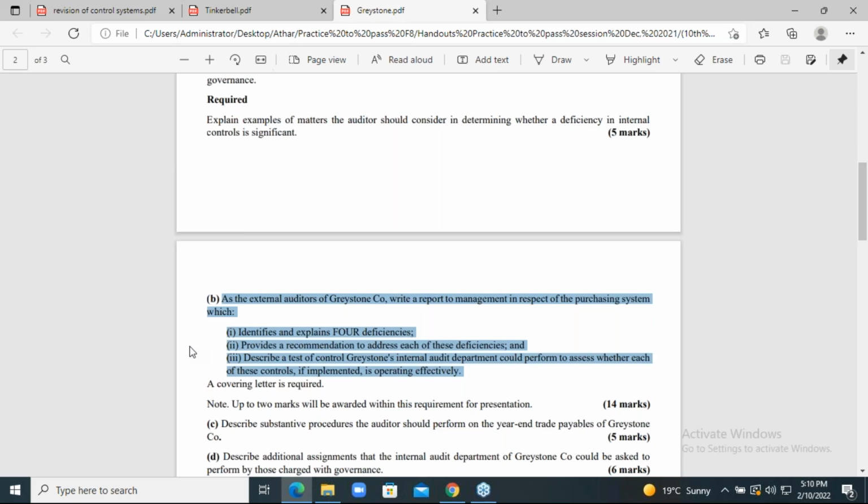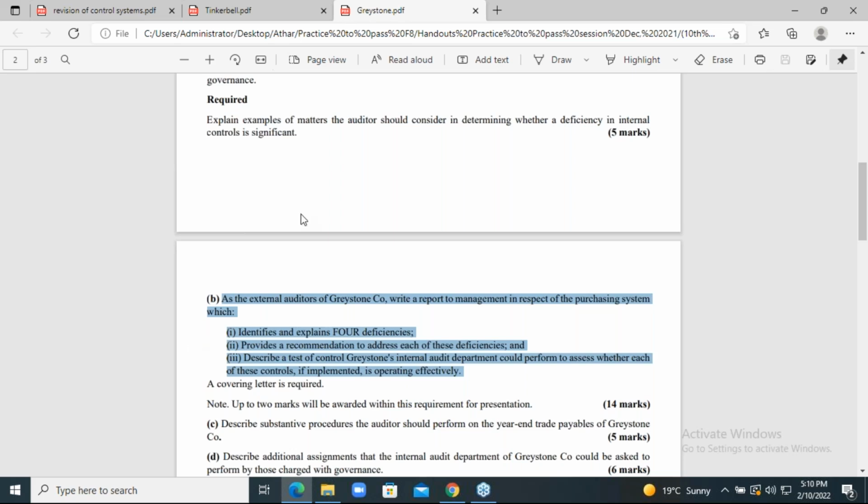There are basically 3 sub-requirements in this requirement. First, identify 4 deficiencies, then provide a recommendation to cover each deficiency, and if this recommendation is implemented, then what test of control would be applied by the internal audit department.